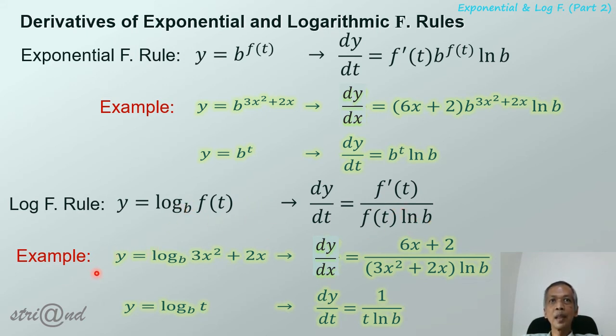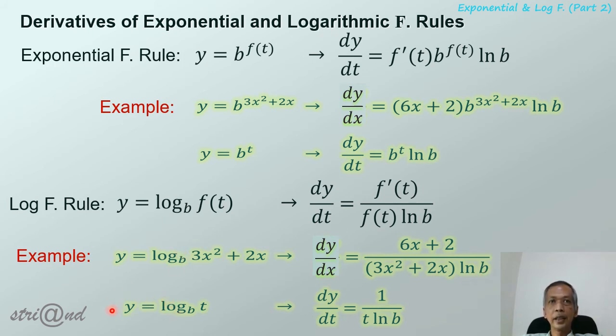For example, when we have y equals the logarithm of 3x squared plus 2x, to the base of b, the derivative of y with respect to x is the derivative of 3x squared plus 2x, which is 6x plus 2, divided by 3x squared plus 2x times the natural logarithm of the base.